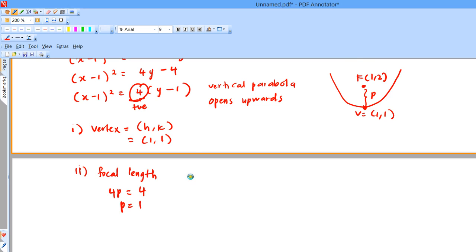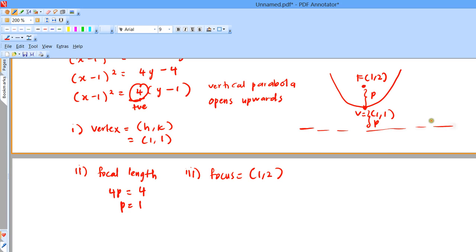Number 3, we know that the focus goes to (1, 2), and then the directrix. The distance from the vertex to the directrix is also p.